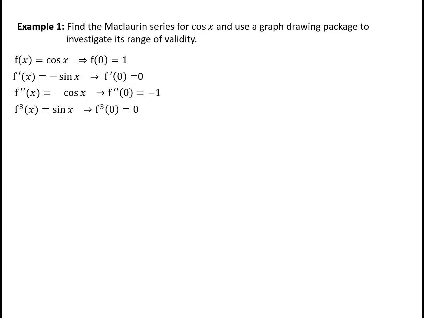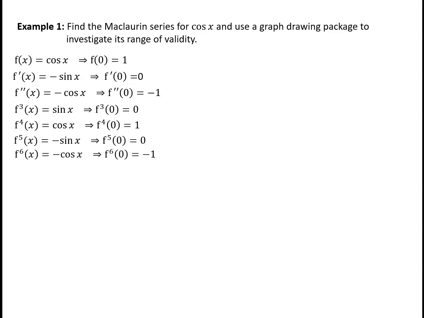When we put x equals 0, we get the third derivative of f at 0 is 0. If I differentiate again, I've got the fourth derivative of f of x is cos x. So when I put x equals 0, I've got the fourth derivative of f at 0 is 1. And we can keep going, just keep differentiating through and obtaining the results.